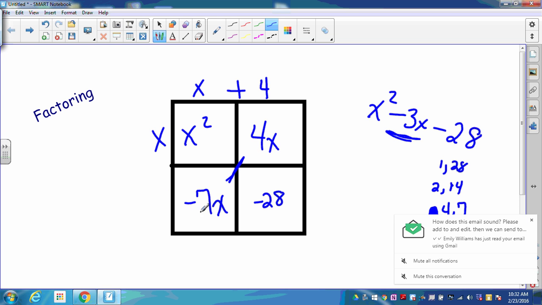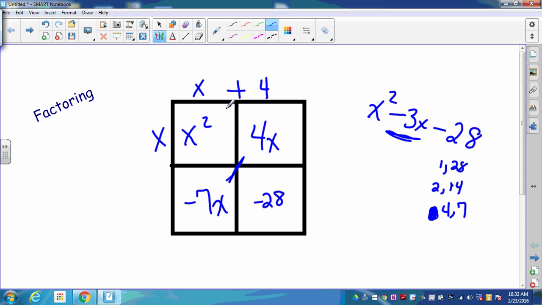Now we do the bottom left-hand corner. So x times what gives you negative 7x? Well, that would be a negative 7. So our factored form for this quadratic is going to be x plus 4 times x minus 7.